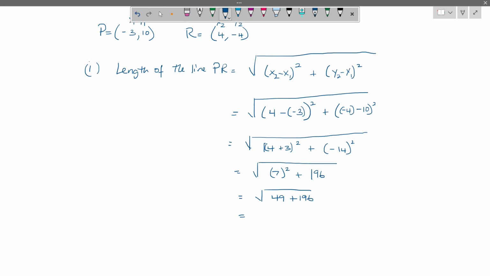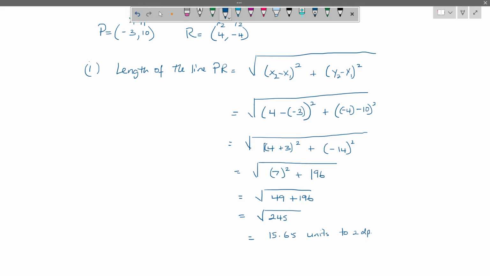That's the square root of 245. The answer is 15.65, we put it to 2 decimal places. Units. The answer is always in units.